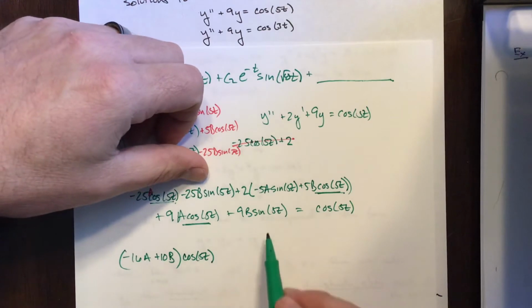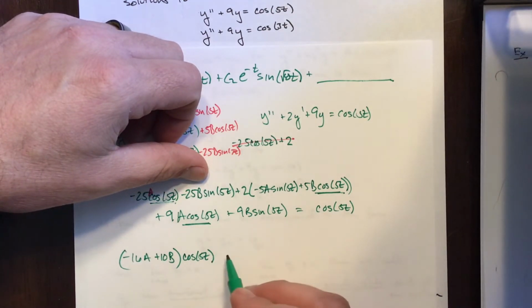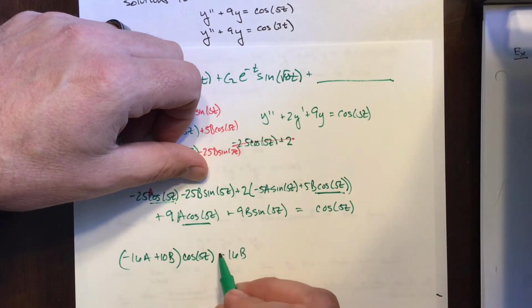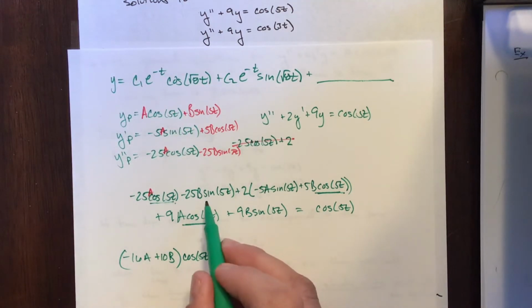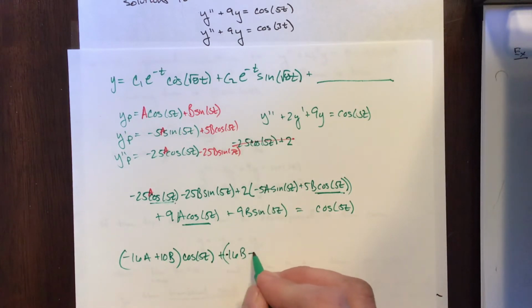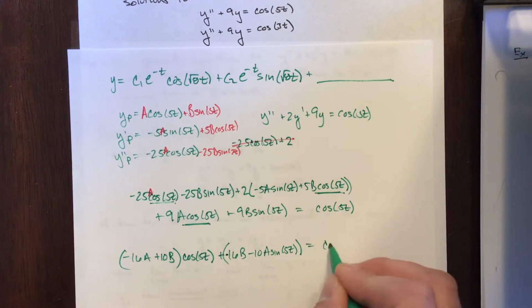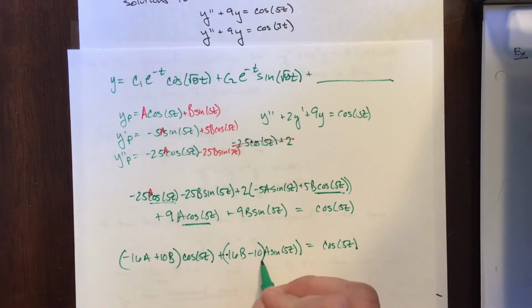Looking at the sine 5t terms, we have a negative 25b and a positive 9b, so that's minus 16b. So that term's taken care of, that term's taken care of. Minus 10a sine 5t. And that's all equal to the cosine of 5t.